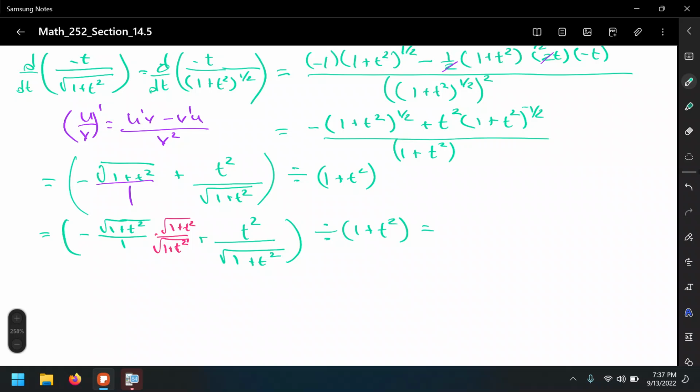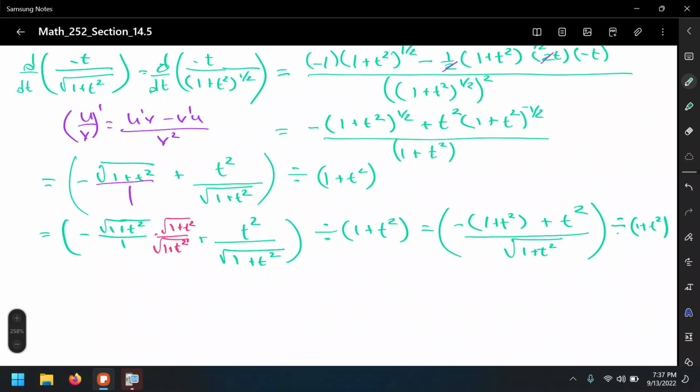So that's going to be negative 1 plus t squared plus t squared from the numerator of the second term, and then the whole thing over the square root of 1 plus t squared, divided by 1 plus t squared.